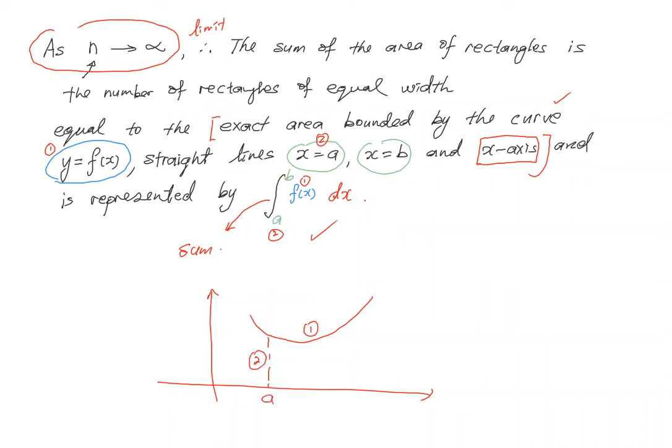Third boundary, x equal to b. And the fourth boundary, the x-axis. You see or not? So we will never use the word area under the curve. We always use area bounded by, so we state all the boundaries. So it's a two-dimensional thing. So you got the area. Am I right? Okay. So that is the meaning of definite integral.